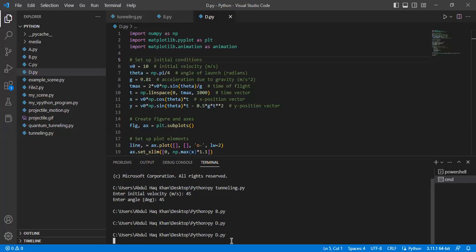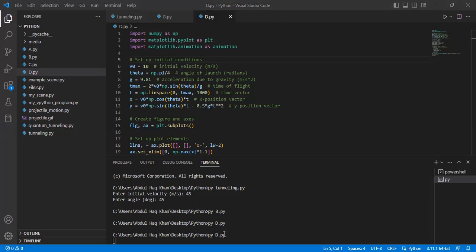I have three different programs developed in Python to check what kind of result is predicted in projectile motion. First I have run this file and I am waiting for the result. My computer is a bit slow, but here you can see the beautiful animation of the projectile.